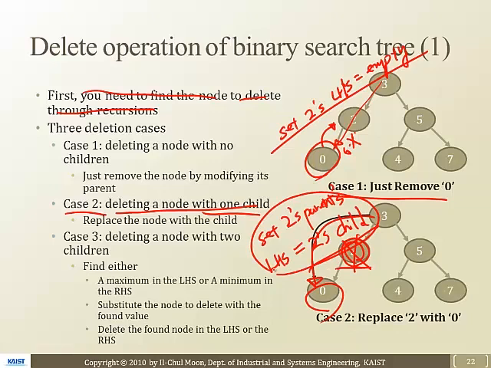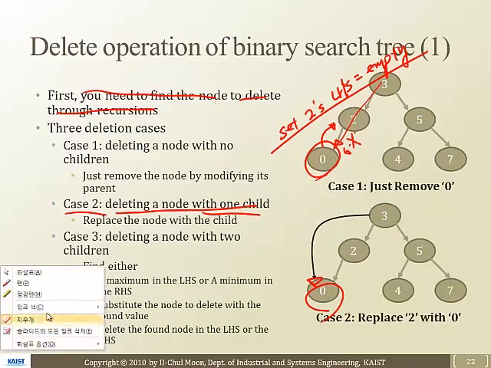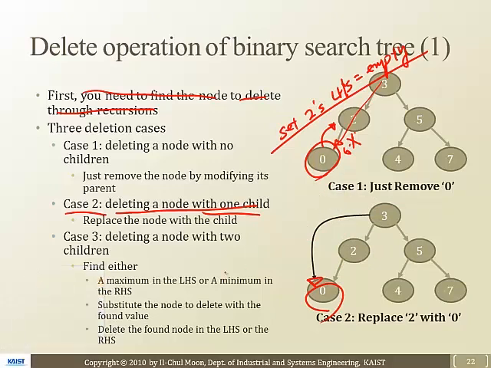The third case is a much more delicate situation. Let's imagine that we are trying to remove a node with two children, like 5. How do we do that?